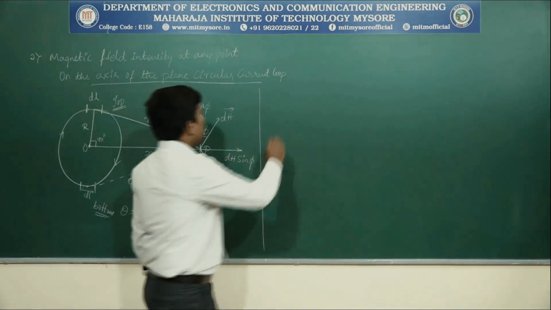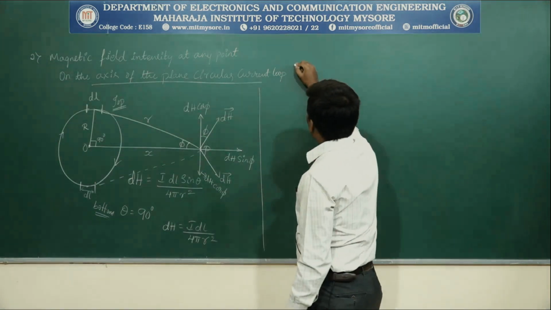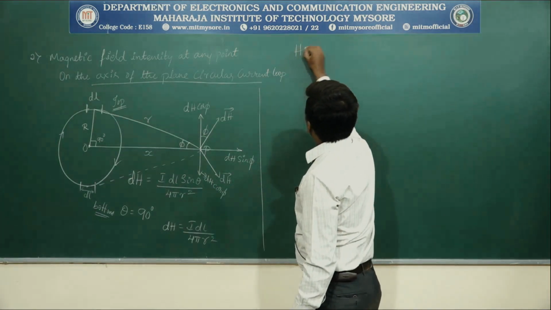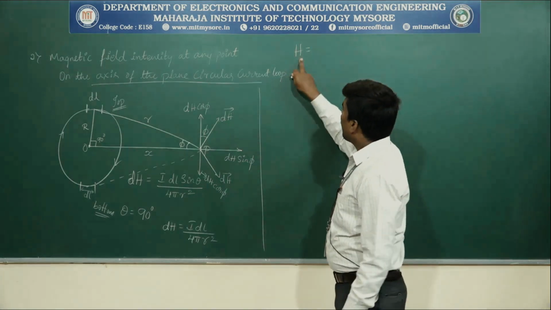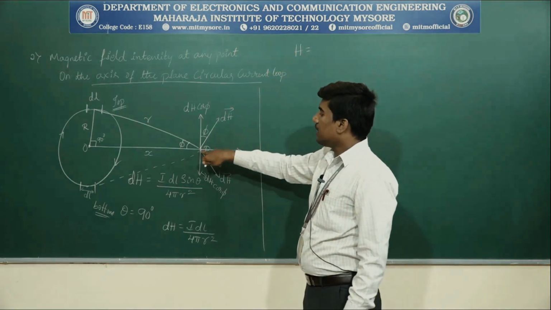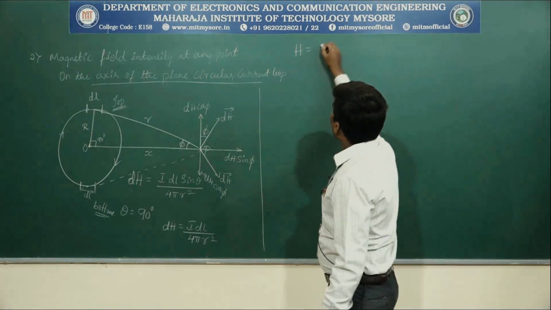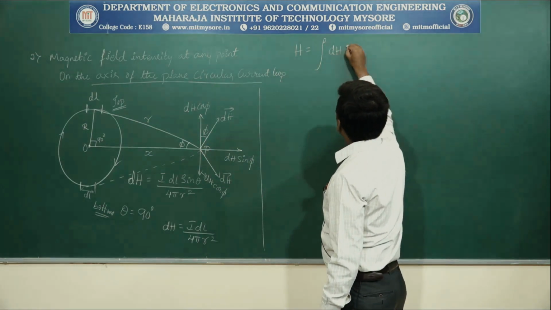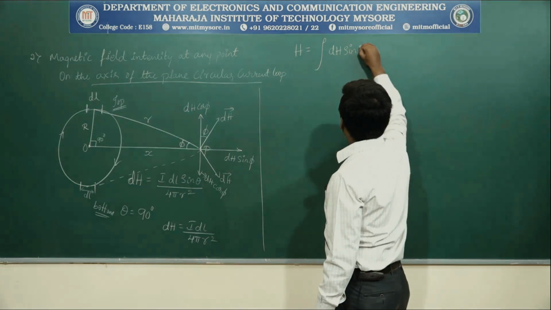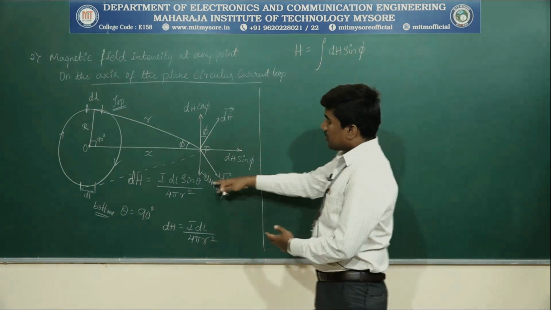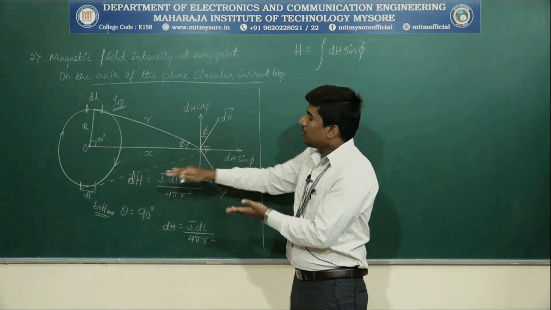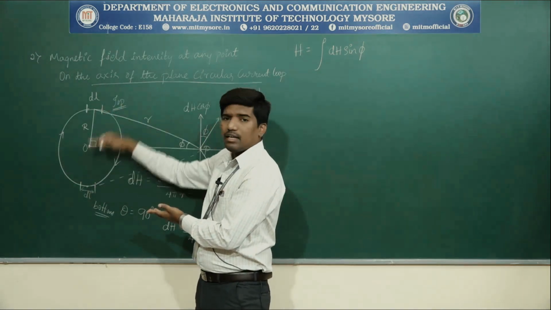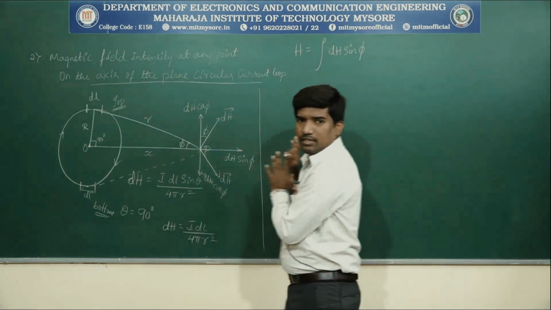Therefore, in order to obtain the overall magnetic field intensity at point P, we need to integrate all dH sin phi components. Why only sin phi components? Cosine components get cancelled due to the diametrically opposite geometrical consideration.